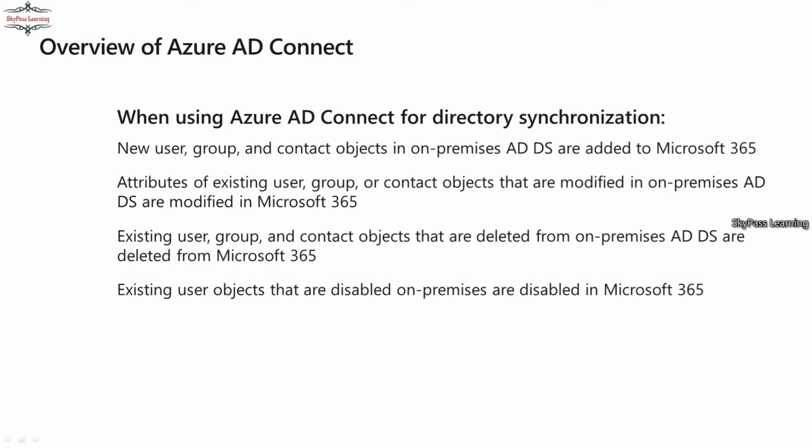For that, you have to download the Azure AD Connect application from the same admin portal, and you have to identify the users and groups that you want to synchronize. It's not recommended to synchronize the entire Active Directory. You must synchronize the users and the groups that you will use in the cloud and that you require over a portal.